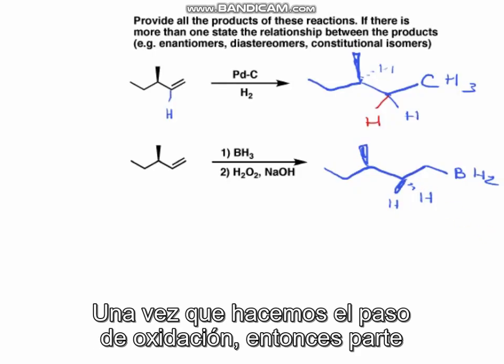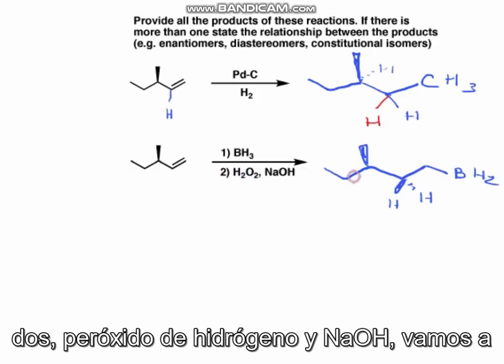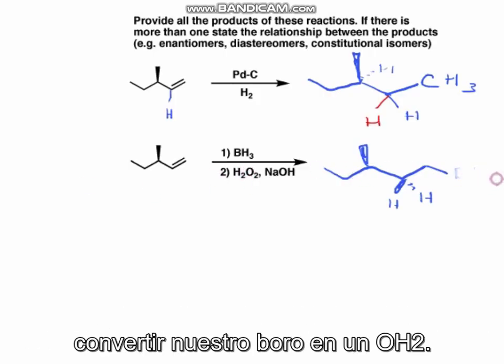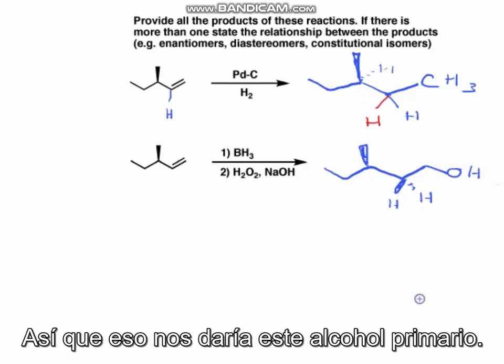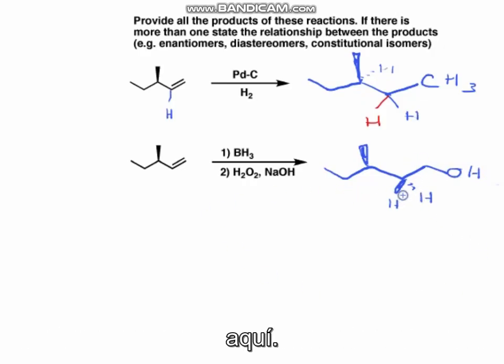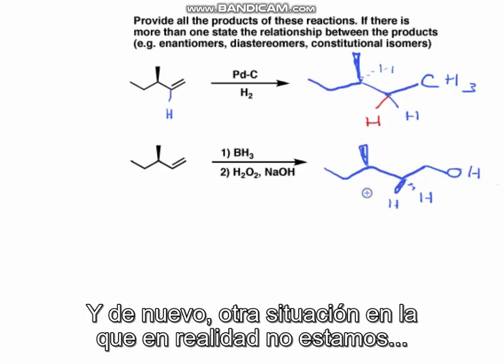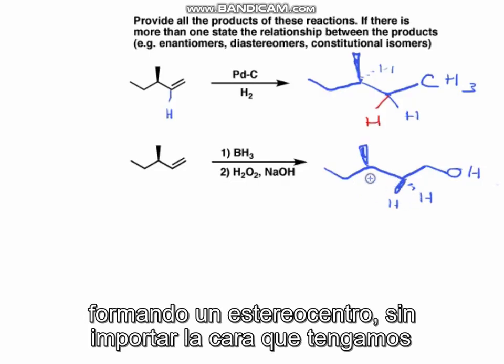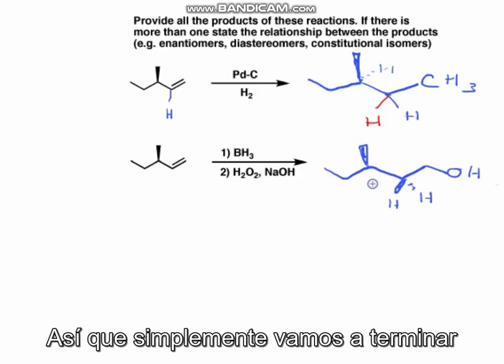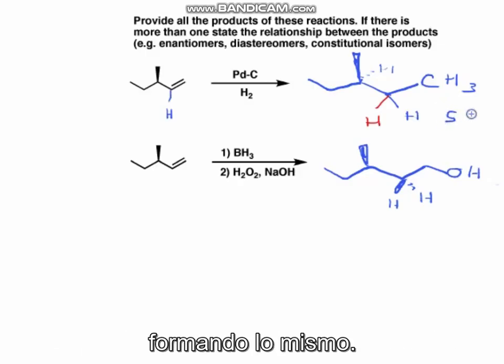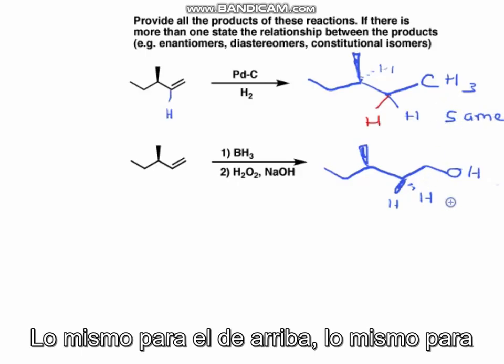Once we do the oxidation step, part 2, hydrogen peroxide and NaOH, we're going to turn our boron into an OH. So that would give us this primary alcohol here. And again, this is another situation where we're not forming a stereocenter, no matter what face we add. So we're just going to end up forming the same product, same as for the top one.